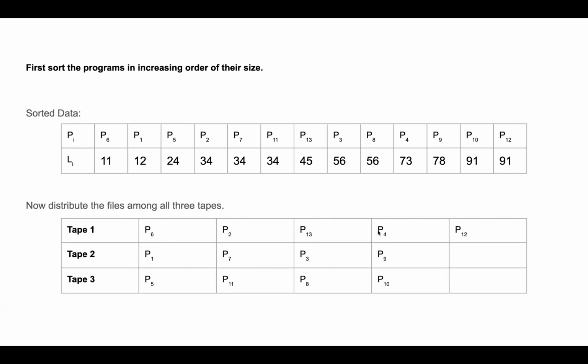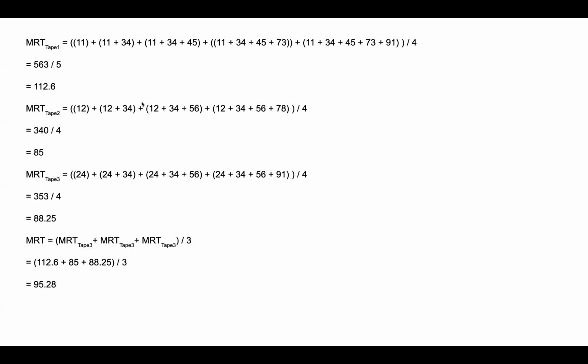Then again, for this one, retrieval time for P6 plus retrieval time for P2 plus retrieval time for P13. Okay, and retrieval time of this P4. And what is the last one? Sum of length of all these plus length of P12. Okay, here it comes as 563 divided by 5.